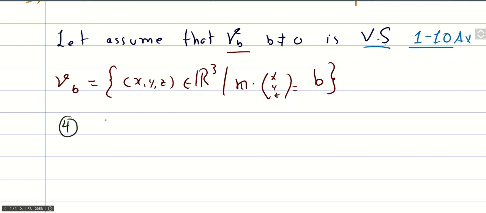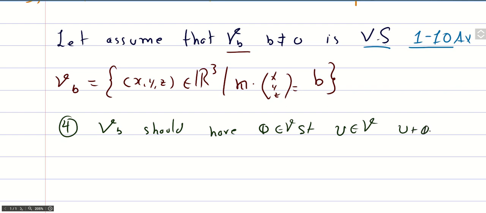Let's see what happens with the fourth axiom, which says that this space V of b should have a 0 vector such that any vector u in V plus this 0 vector is equal to u.